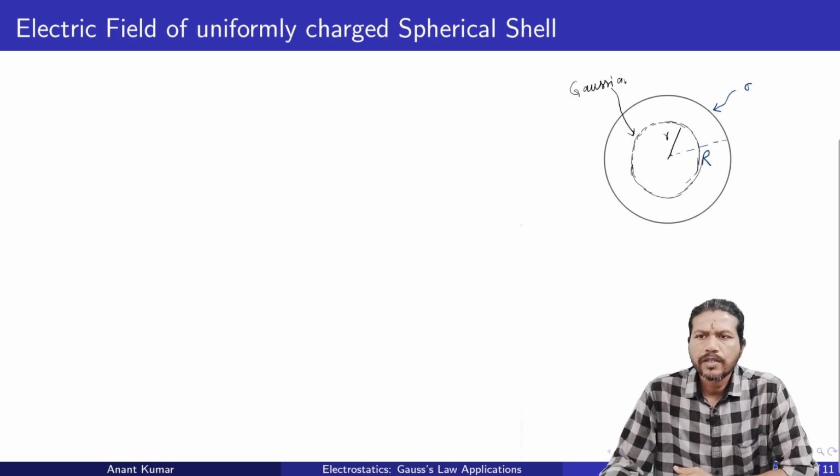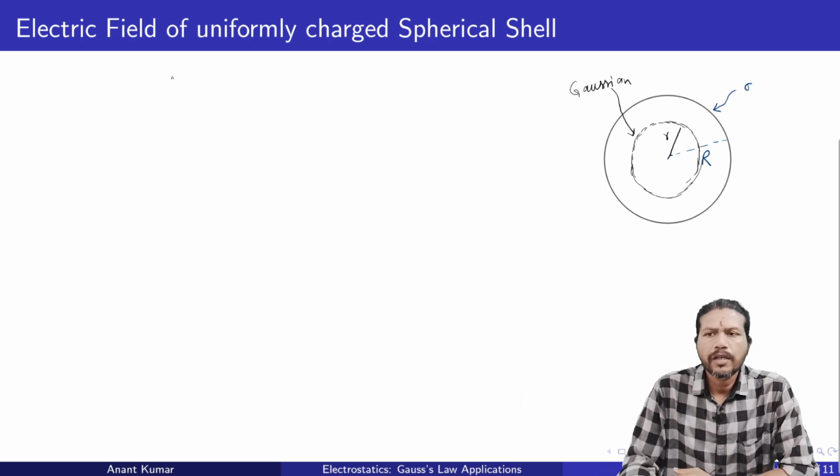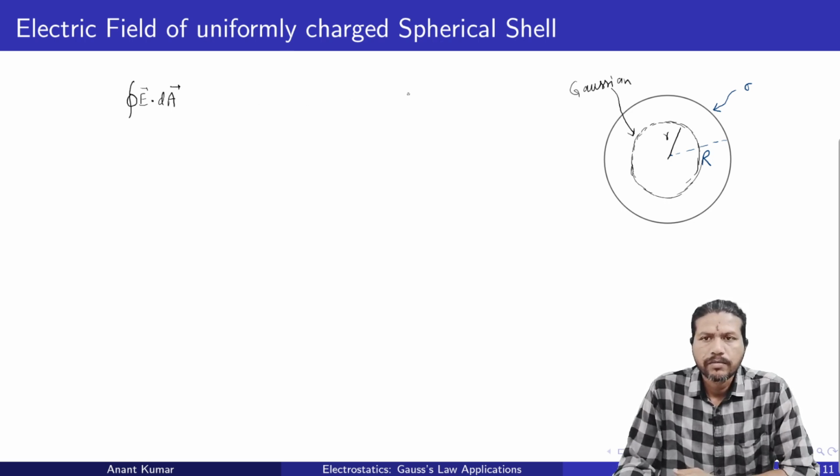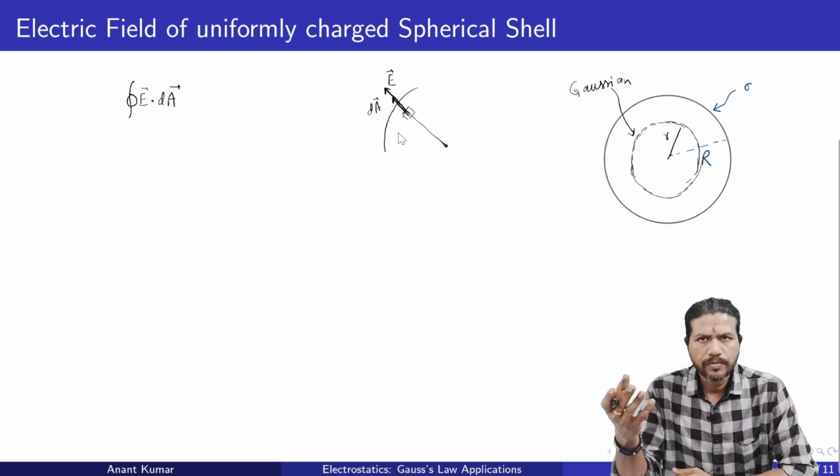Now for all cases of spherical symmetry, if I look at the left hand side, the integral of E dot dA, the first thing I notice is that for a spherical surface, if I take a patch on the surface of a sphere centered at some point, the electric field and the area vector will be in the same direction or anti-parallel, in opposite directions. The area vector is always outward, while the electric field may be outward or inward, depending on whether the charge is positive or negative.